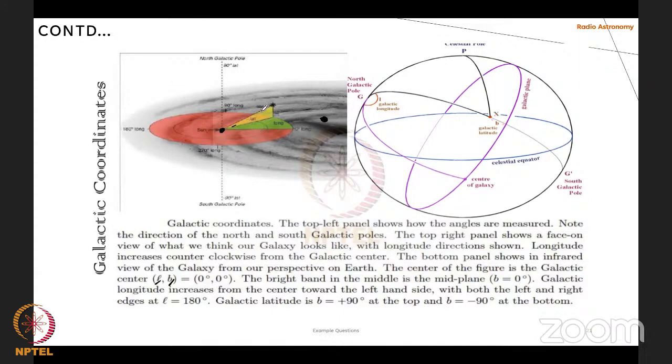So this is also used if we are observing with respect to the Sun. Say if you are doing a study where the Sun comes into the picture, the mostly used positional coordinate system is the galactic coordinate system.